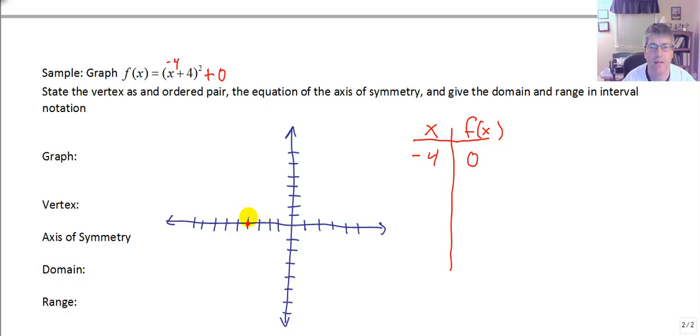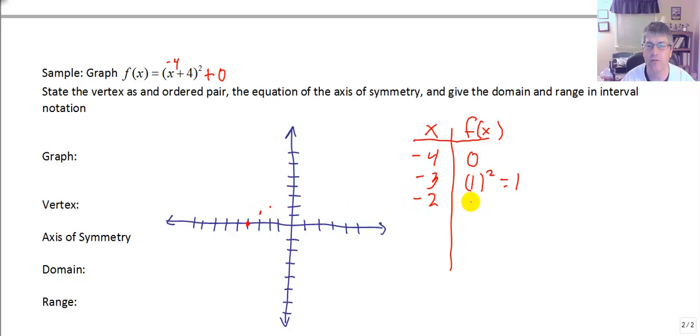So that's perfect. Now this should follow the same pattern. If it's Joe Parabola, then if I just go 1 input to the right of -4, so if I go to -3, I should only be 1 high. So let's check that out. Let's check -3. So if I input -3, I have -3 plus 4, which is 1 squared, which is 1. So when I input -3, I output 1.